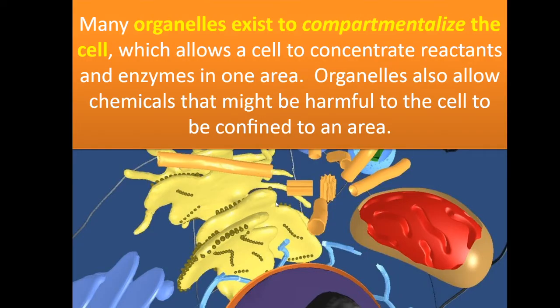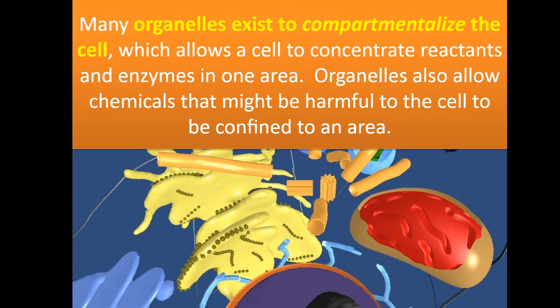Now, here are the most important two slides out of this entire thing. Why do we have organelles? Why are they successful? Well, first of all, organelles exist to compartmentalize the cell. That's incredibly specific and incredibly important. If you remember going over photosynthesis and cellular respiration, everything is about that chemiosmotic gradient.